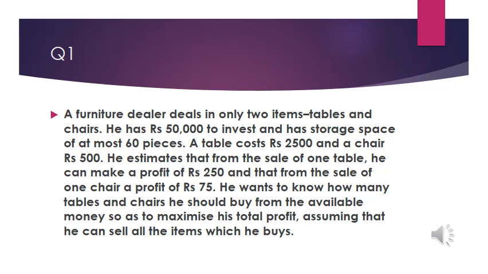He estimates that from the sale of one table, he can make a profit of rupees 250, and that from the sale of one chair, a profit of rupees 75. He wants to know how many tables and chairs he should buy from the available money so as to maximize his total profit, assuming that he can sell all the items which he buys.